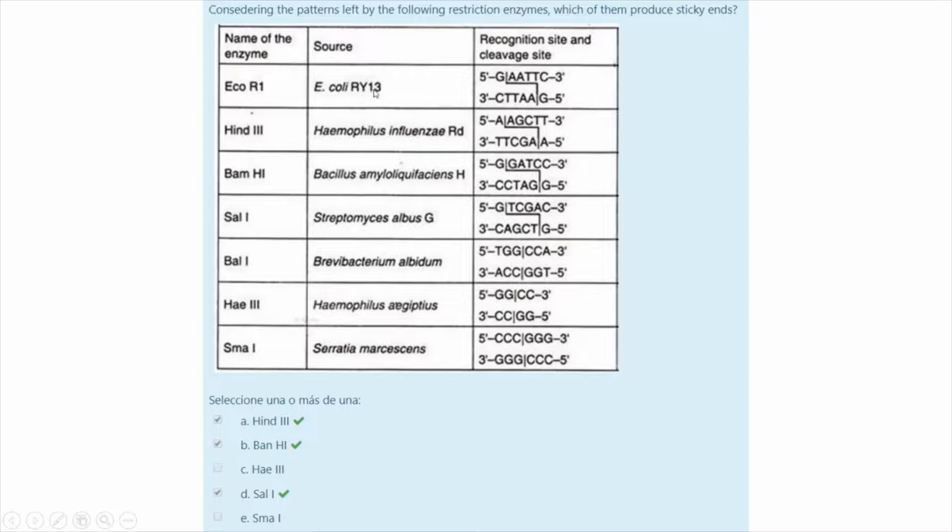Well, all that have this pattern, not a straight cut. This pattern, that one, that one, that one, and that one. So you only had those 3 examples there, but of course this one, I3, that's not a sticky end, and that one is not a sticky end either.